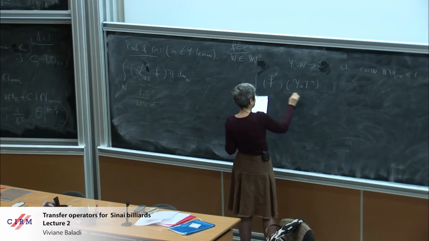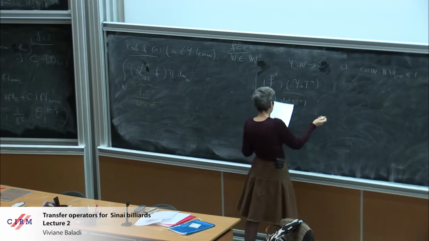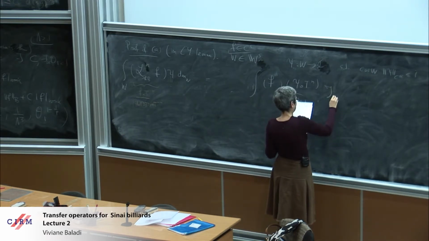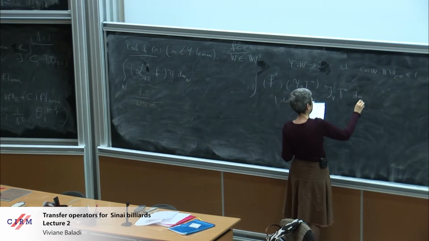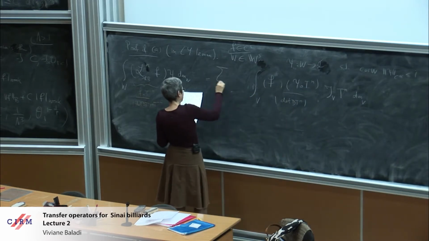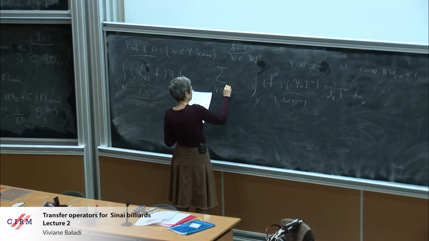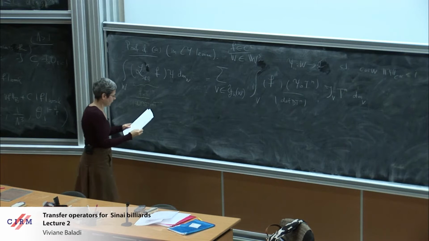The determinant is just a determinant without composition with anything. And then I have the change of variable, which is a stable Jacobian of Tn on V, dmV. But I have to sum over all these guys. So here I have this countable sum, okay?